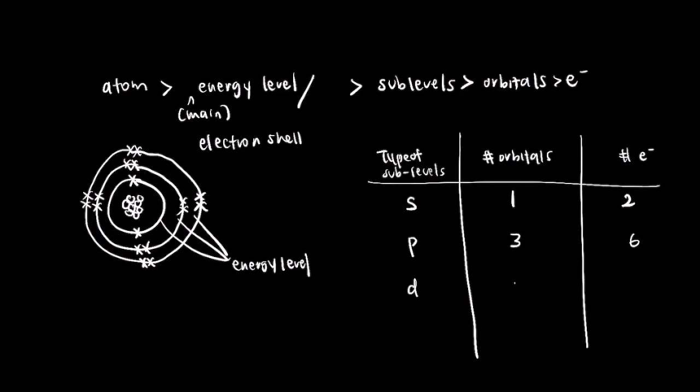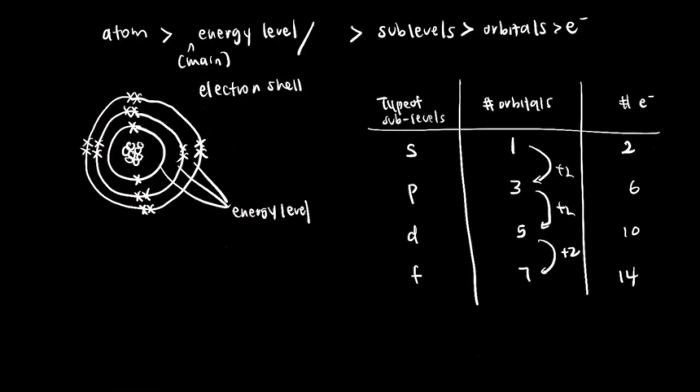The D sublevel holds 5 orbitals and thus holds 10 electrons. And lastly, the F sublevel holds 7 orbitals and 14 electrons. So between the different sublevels, the number of orbitals is always increasing by 2, and the number of electrons is the number of orbitals multiplied by 2.